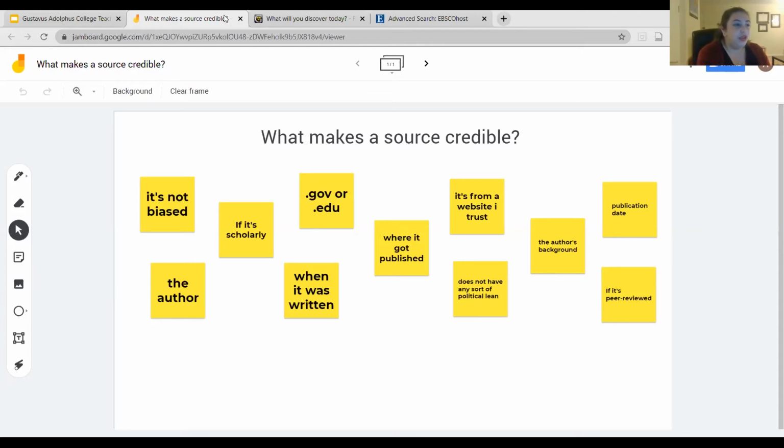So earlier, someone had mentioned the bias of a source, and I want to come back to that because I feel like the term bias gets a really bad reputation in research, because every single source you look at is going to have some sort of inherent bias or perspective based on the author of the source, where it was published, and how that information is being presented to you as the researcher.